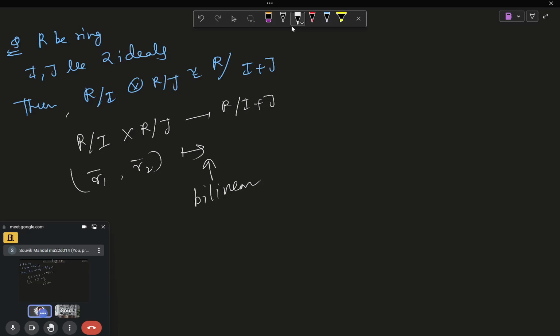It goes to R/(I plus J). I plus J is an ideal, right? So obviously R/(I plus J). Now think about it and tell me what is the possible map. Take a pen.